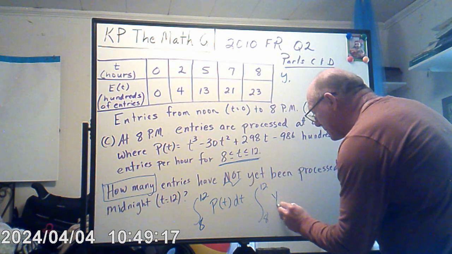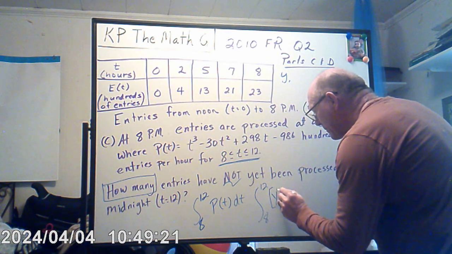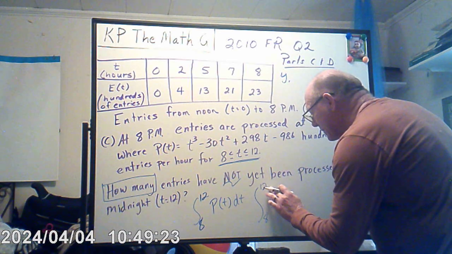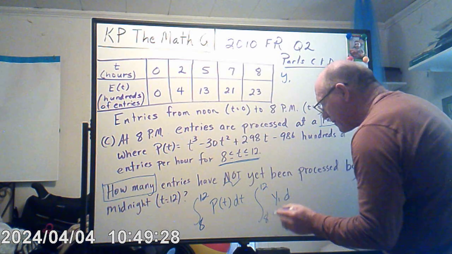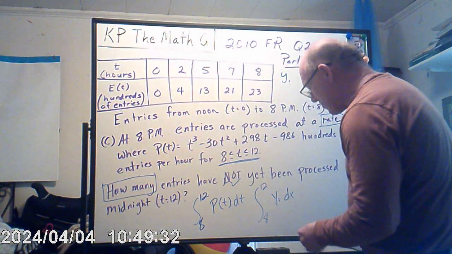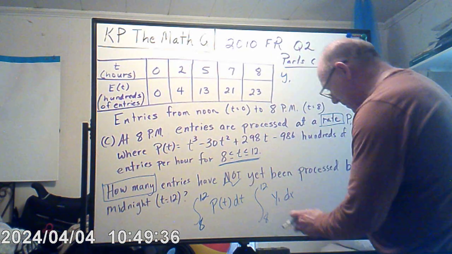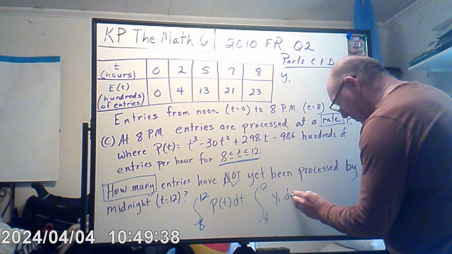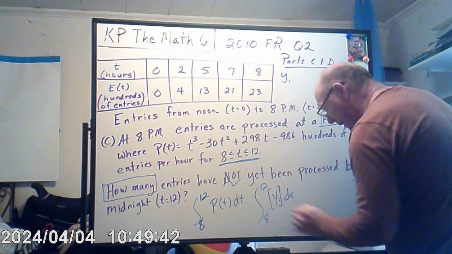Y1 of x dx, whatever that is, like that, and you will get an answer once you do that. I don't know if it puts it in a bracket or not.